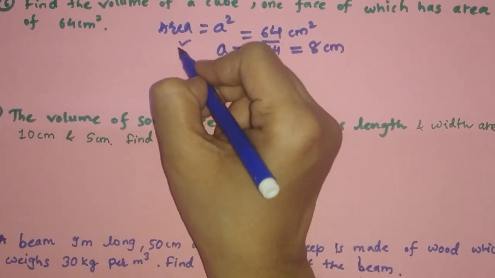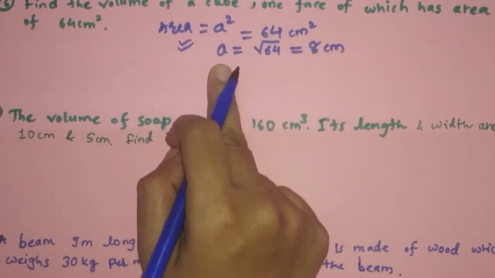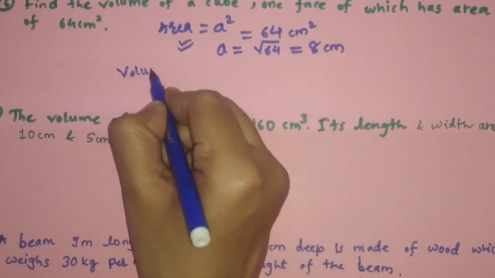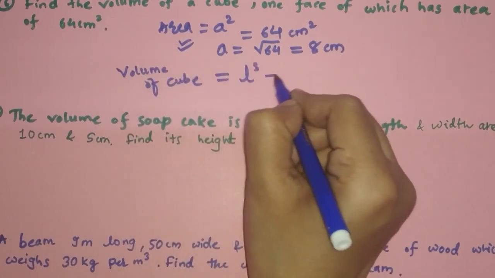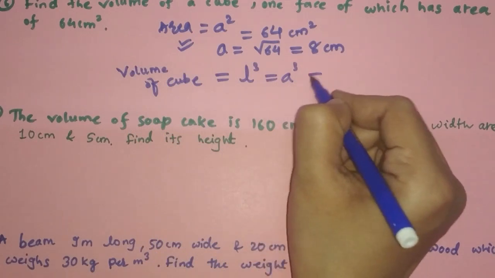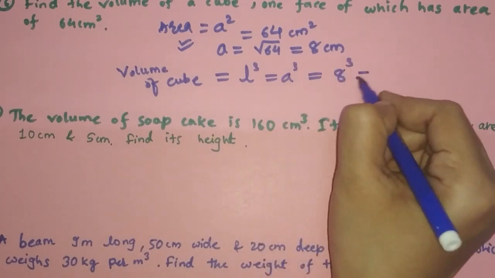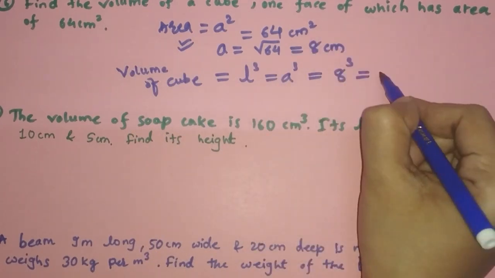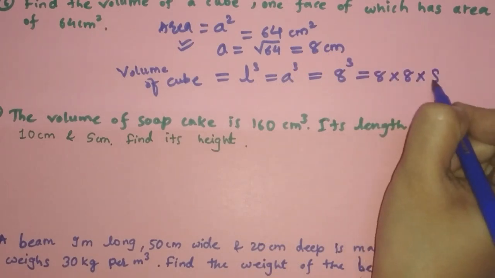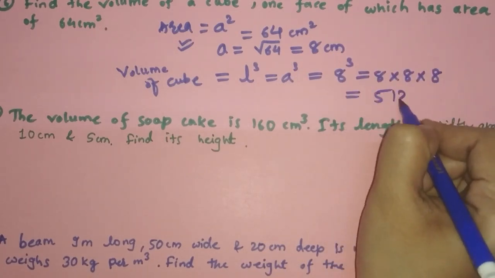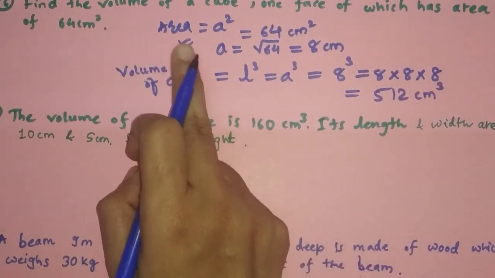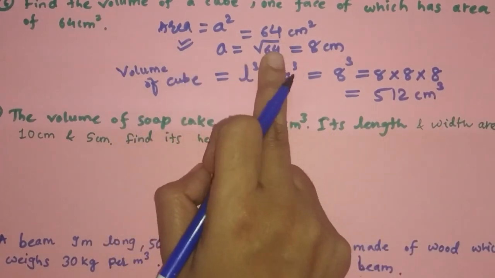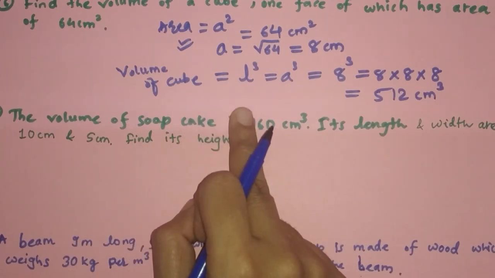Now we got a, it's one of its edges or sides. So we can find the volume of a cube by the simple formula L cube, or you can say a cube also, which is nothing but 8 cube. So friends, 8 cube is 8 multiplied by 8 multiplied by 8, so it is 512 centimeter cube. So by area we have found the side, and that side we have used to find the volume.